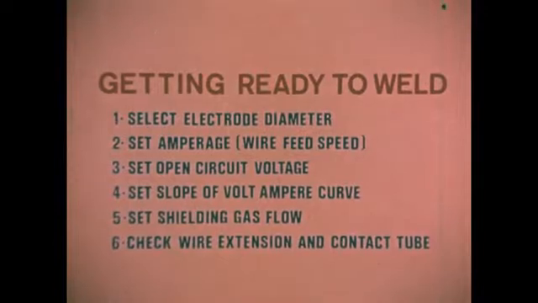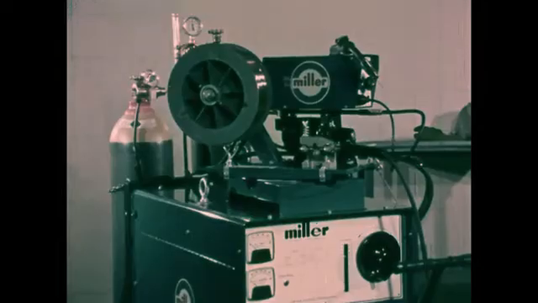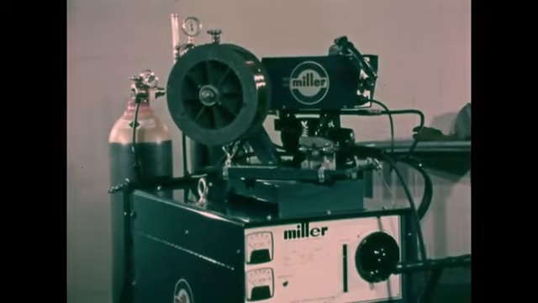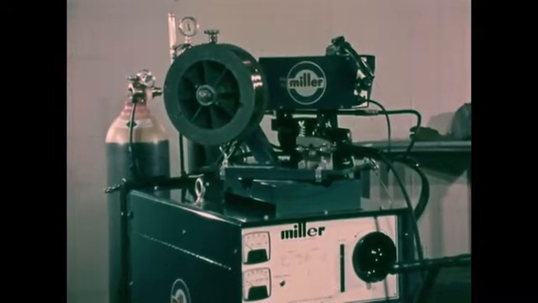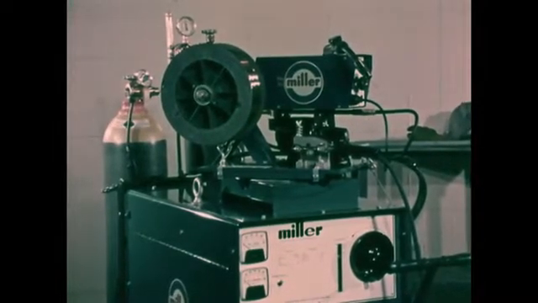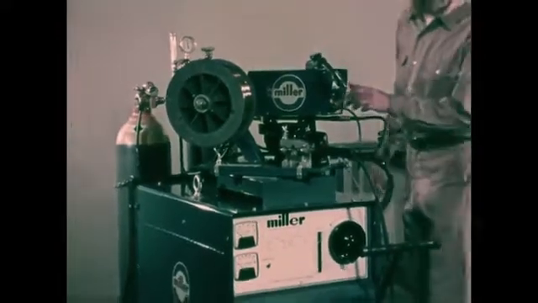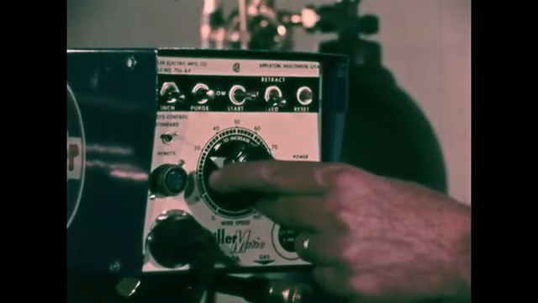Here are the 6 simple, basic steps to follow in getting ready to weld. The operator will rapidly move through them in the setup procedure. The operator has already selected the proper diameter electrode for the job. It is on the wire feeder control and already threaded through the cable to the gun. The power source is on. The wire feed speed is set.